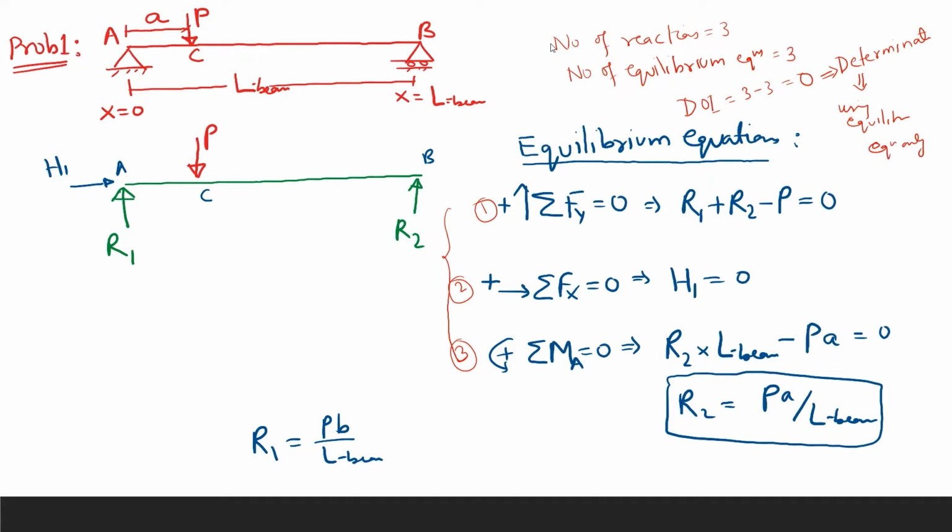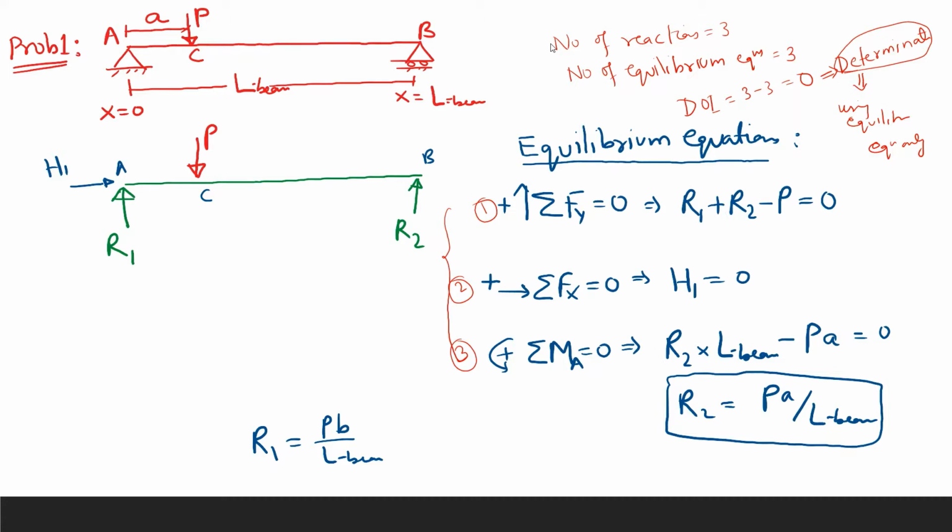If it was indeterminate, then we would have to add compatibility conditions along with the equilibrium equations. But here we have seen that this problem is determinate, so we can directly solve it using the equilibrium equations. First we find the reactions.